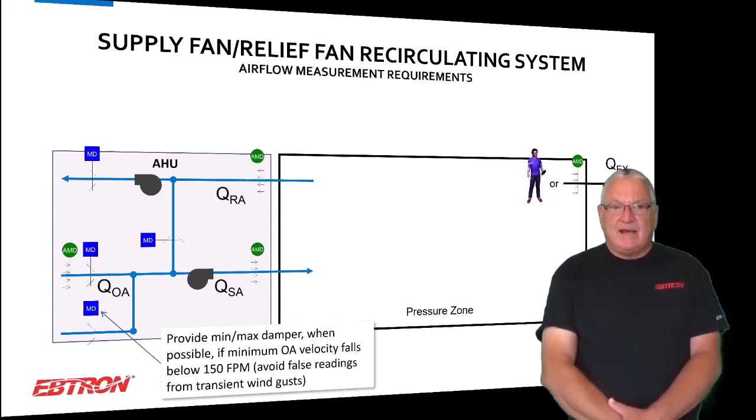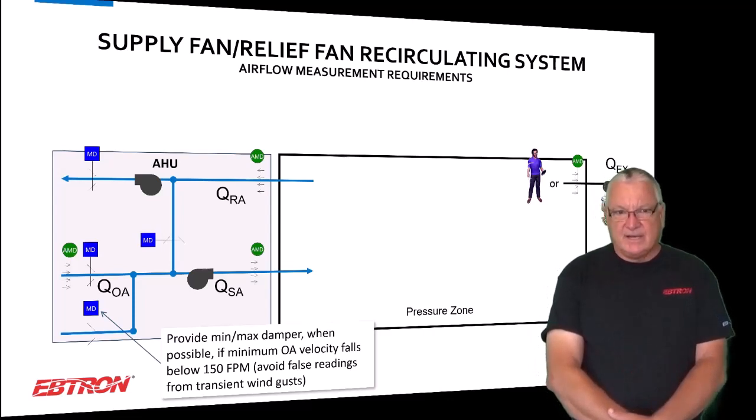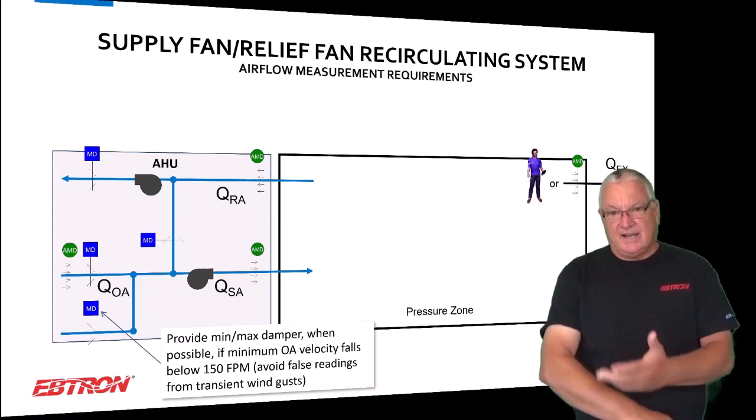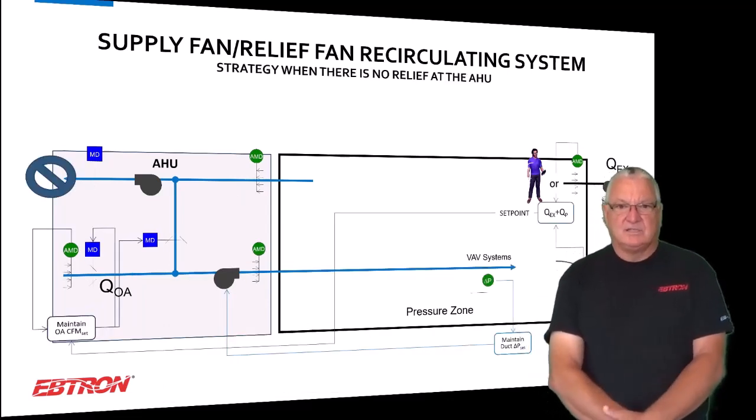So when I have a relief fan, I don't do a whole lot different. The measurement requirements are exactly the same: supply, return, and outside air, at least minimum outside air. And I need to know something about the toilet exhaust.